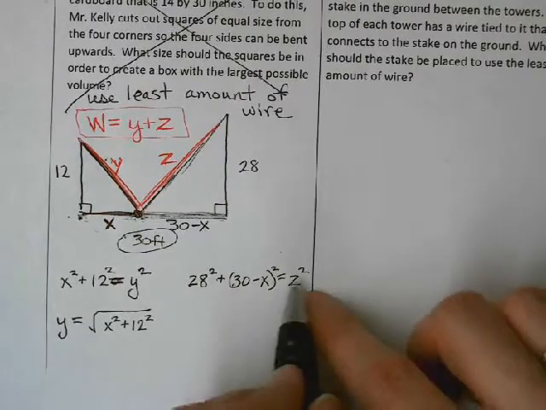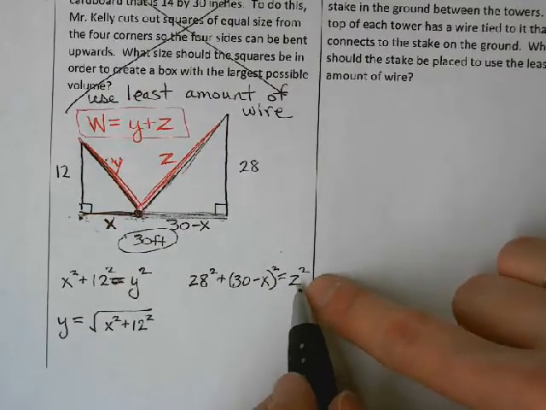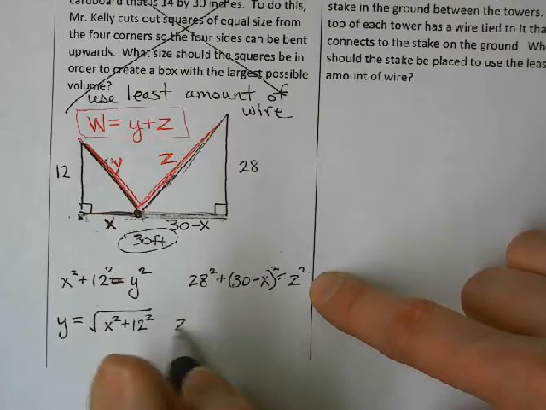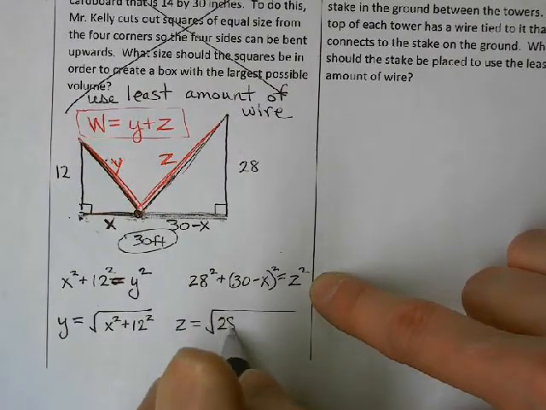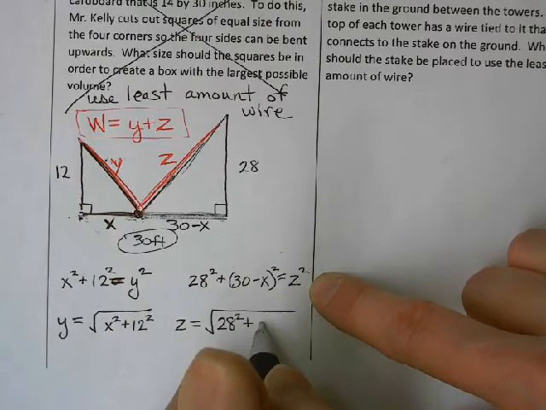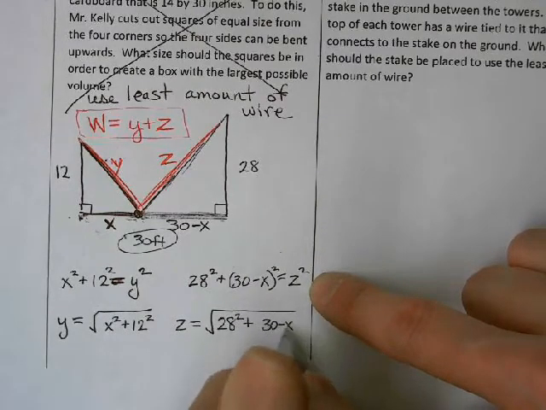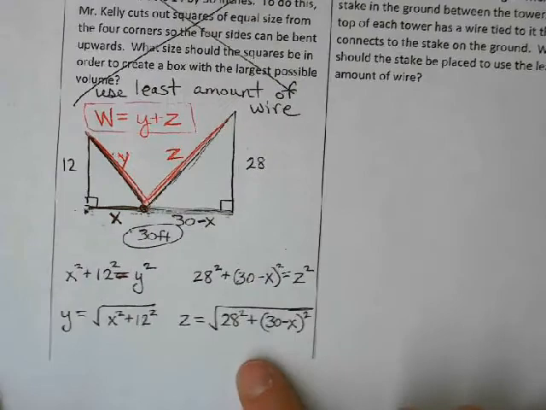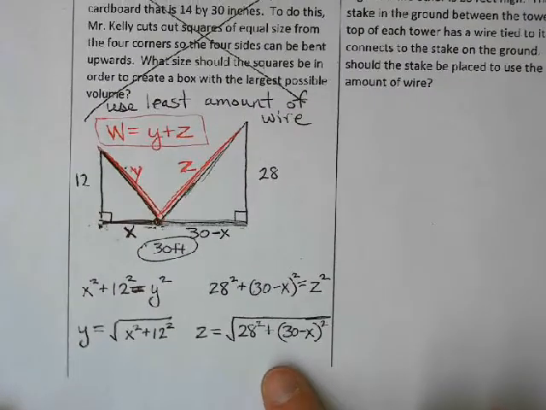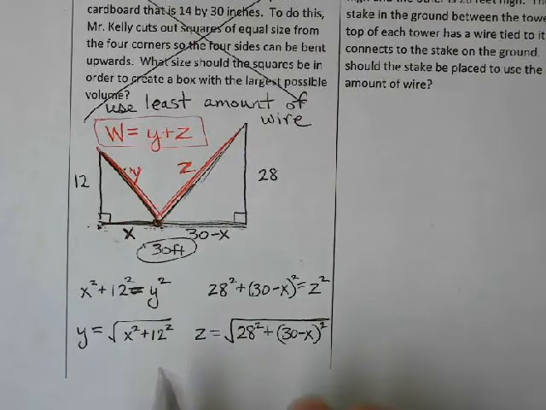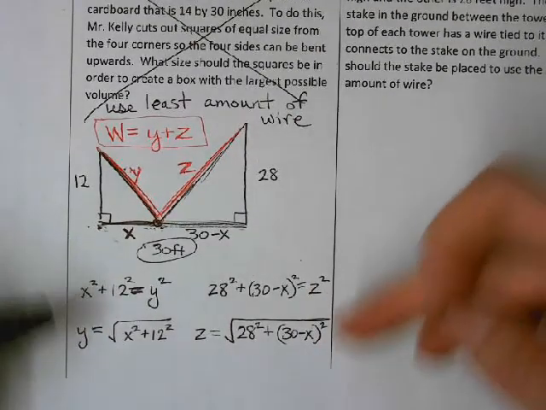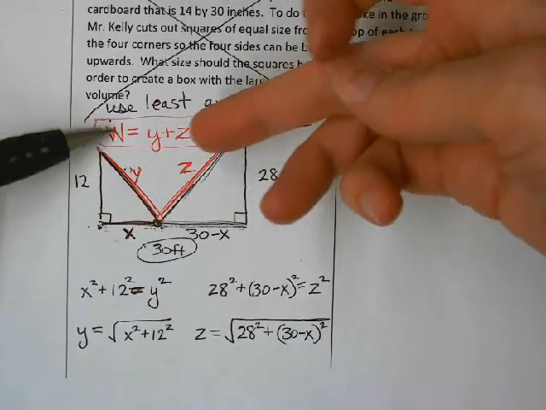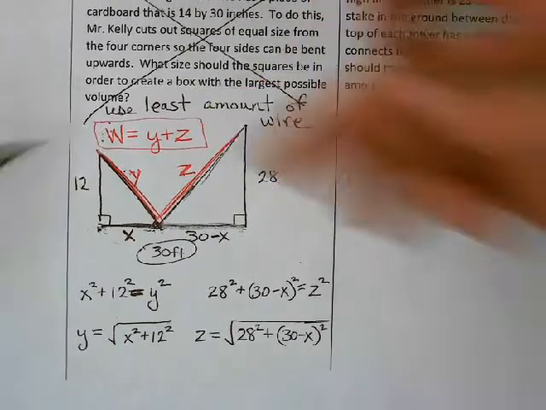And then same on this one, I think I could just get z equals the square root of 28 squared plus (30 minus x) squared. So then, these were secondary equations, and I need to use them to help me solve this main equation up here. So what do you think I should do now?